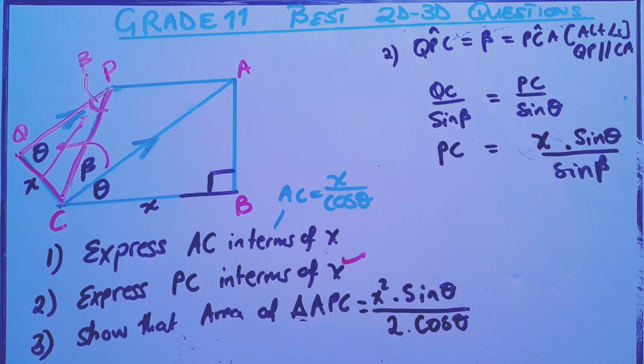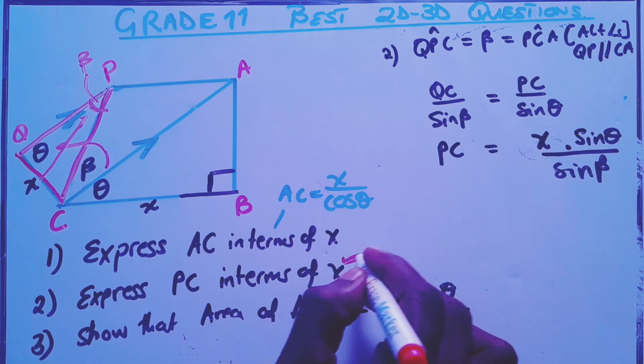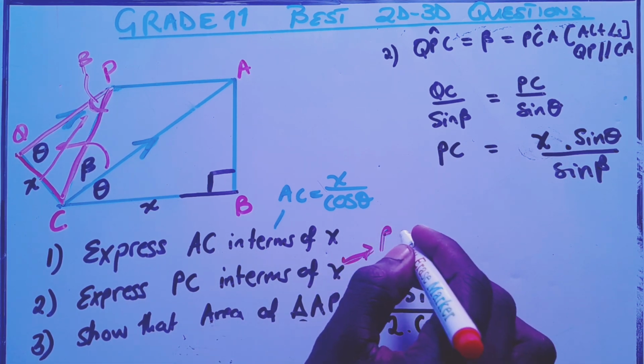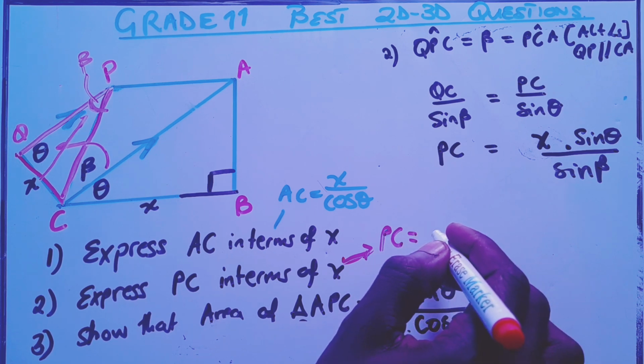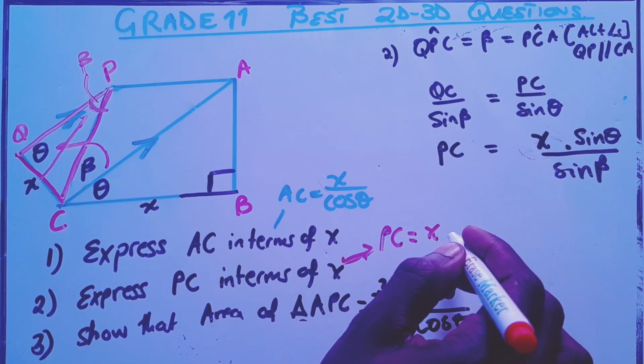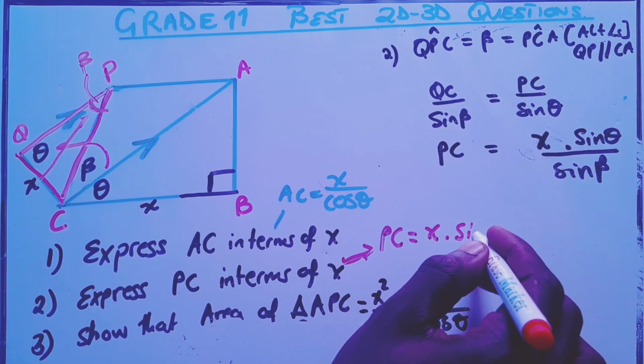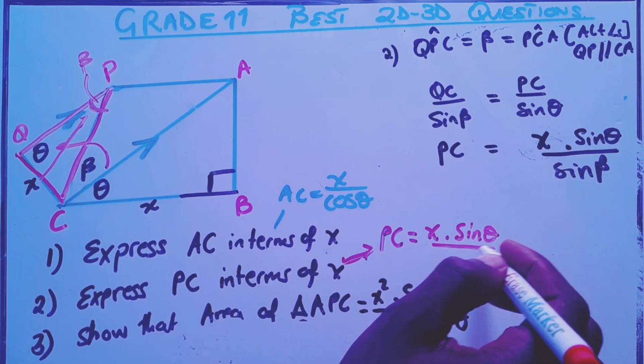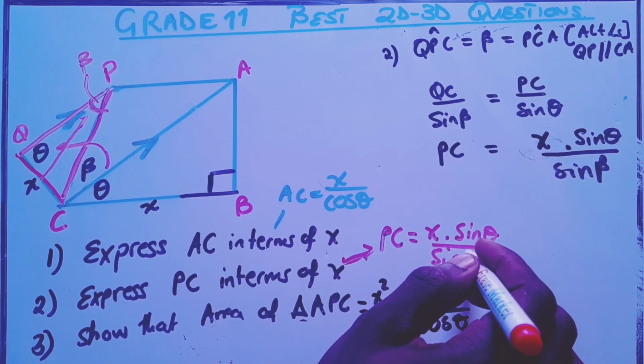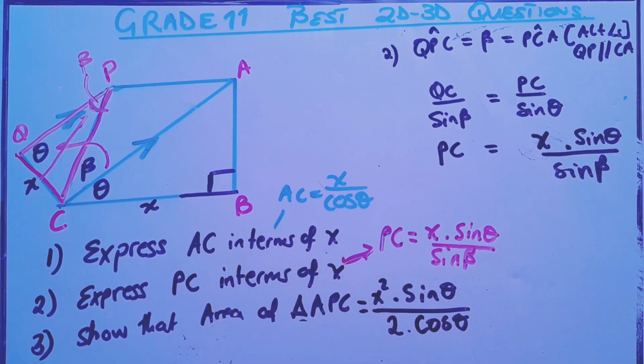Can you see that? So let's just write that down. So it means that here now our PC is equals to x multiplied by sine of theta all over sine of beta, right?